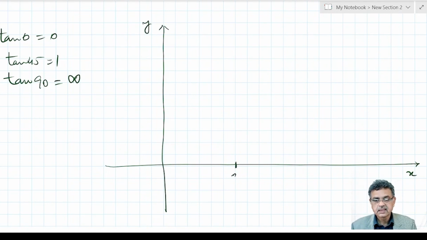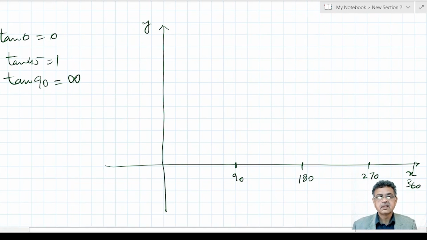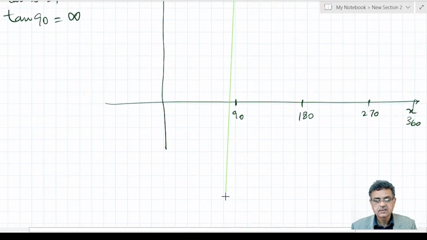Let's say this angle is 90 degrees and this is 180 degrees, 270 and 360 somewhere over here. Then first of all, at 90 degrees I draw a line here, so it will be this way.